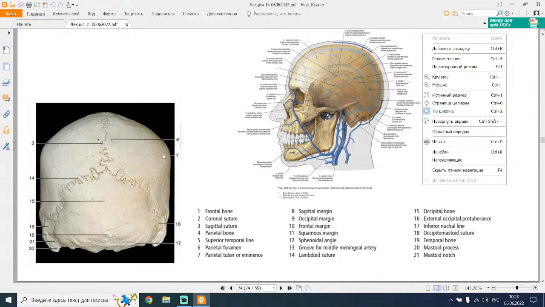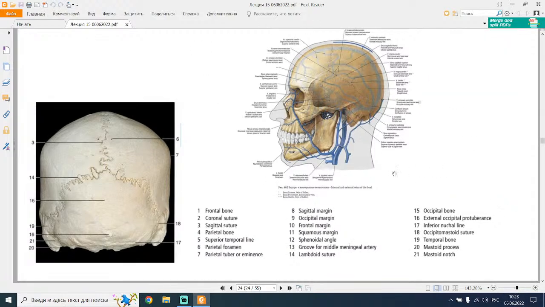This is the parietal bone. This is the sinus sagittalis. The blood drains into the sagittal sinus, what you see.